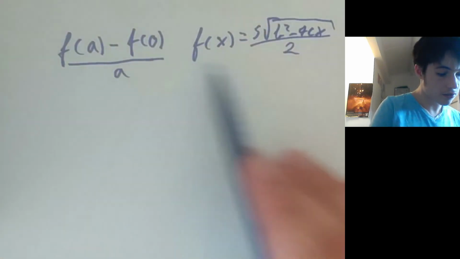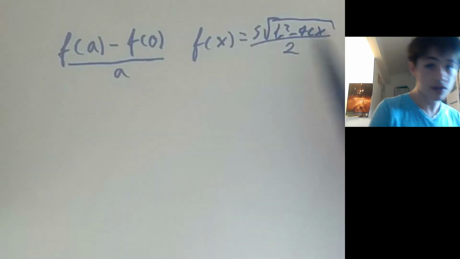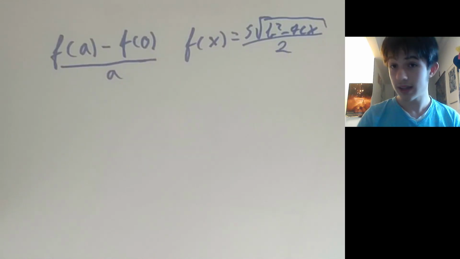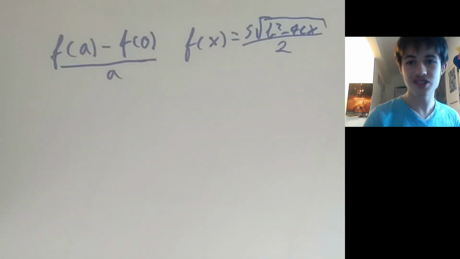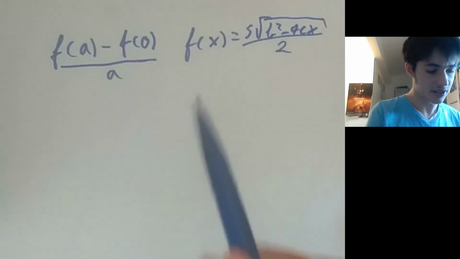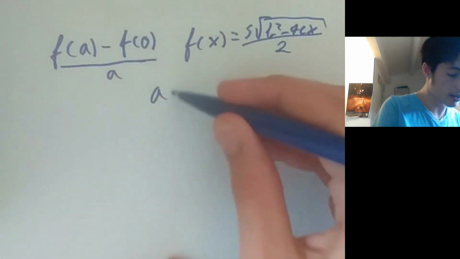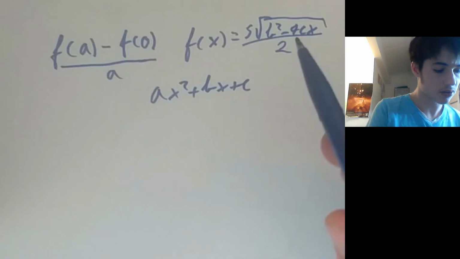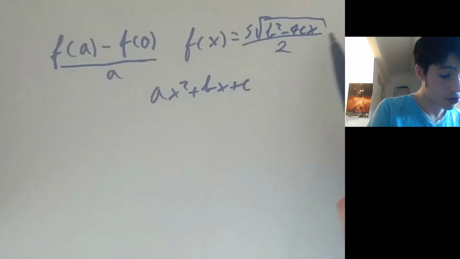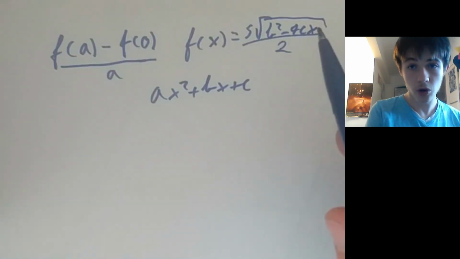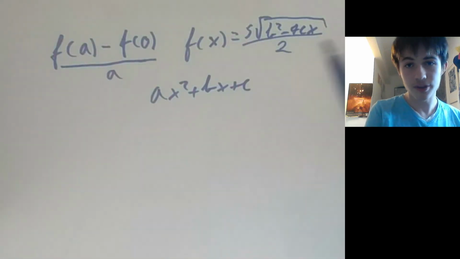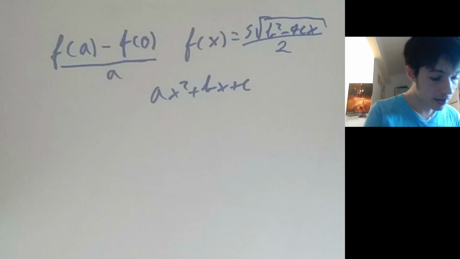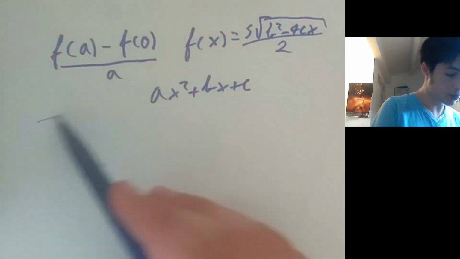So this function is really related to this quadratic equation in the way that one of the solutions of the quadratic equation, ax squared plus bx plus c, is equal to the slope of these 2 points of this function. So that's very nice, and that's what I wanted to show you.